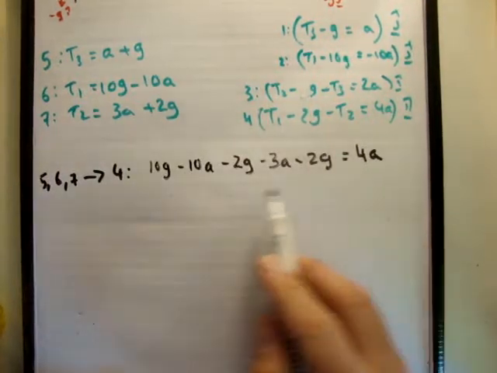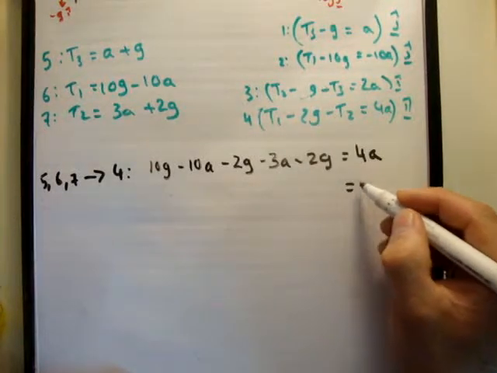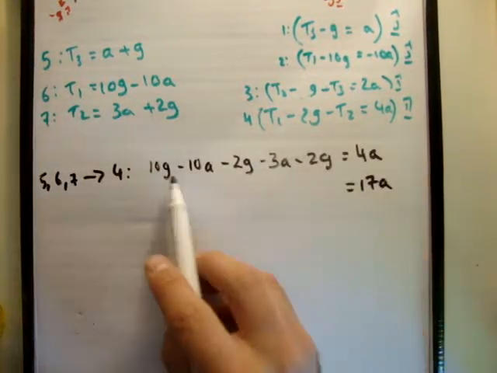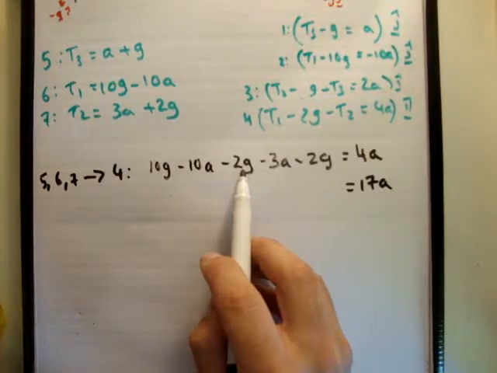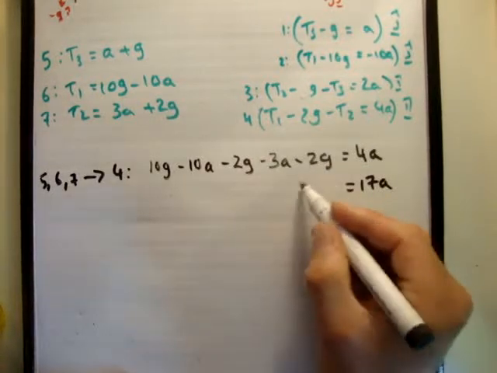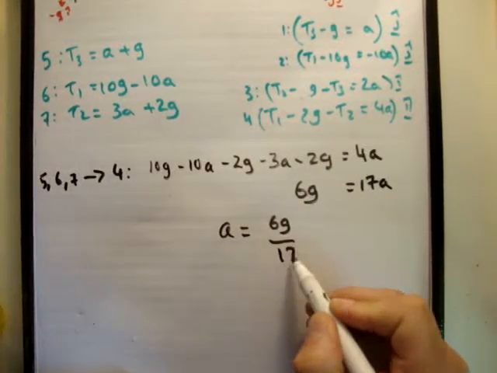Alright, so let's just rearrange this. We have a 10A and a 3A, which is 13A, so this is going to be 17A. And we have 10G minus 2G, which is 8G, minus 2G, which is going to be 6G. So A is equal to 6G over 17, which is correct.